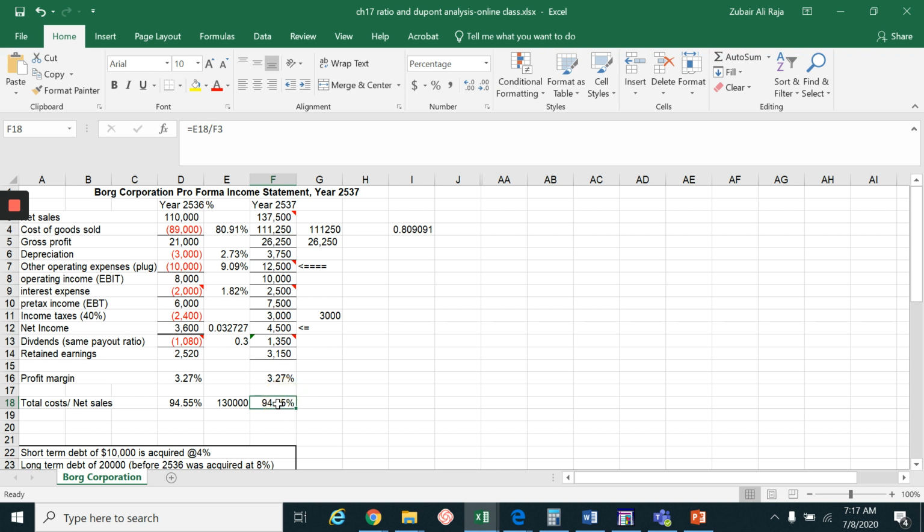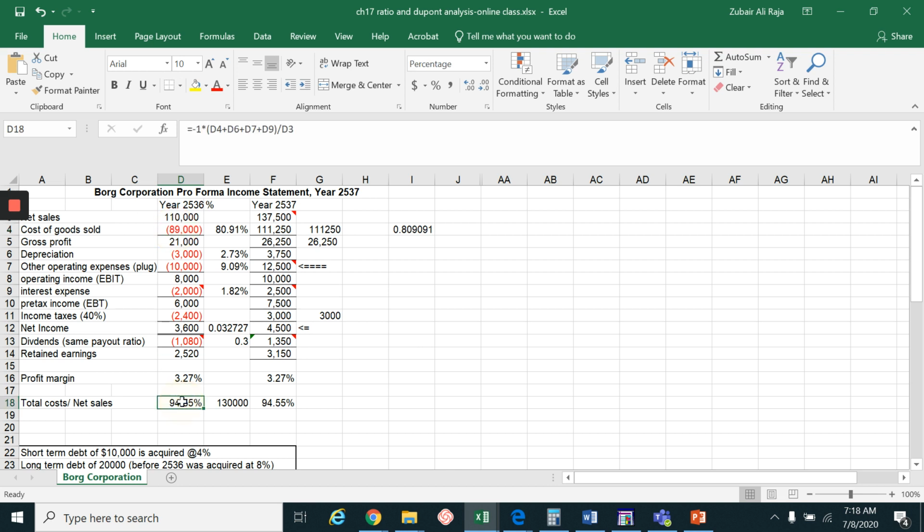Why 94.55%? Because of the total cost for the previous year, based on which we are generating the future income statement. When we added up that cost and divided it by the sales level of 110,000, we had a total cost of 94.55%. So what are those costs? Let's see first. This is your cost of goods sold, D4 over here, right?